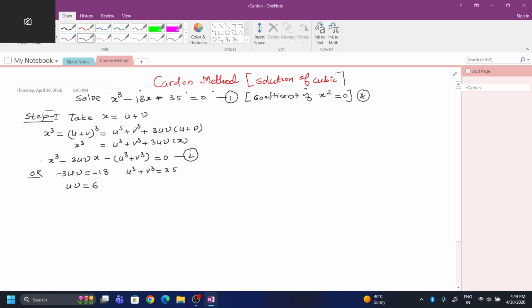I think this line is clear, very simple. Then we get these terms here, very easy.